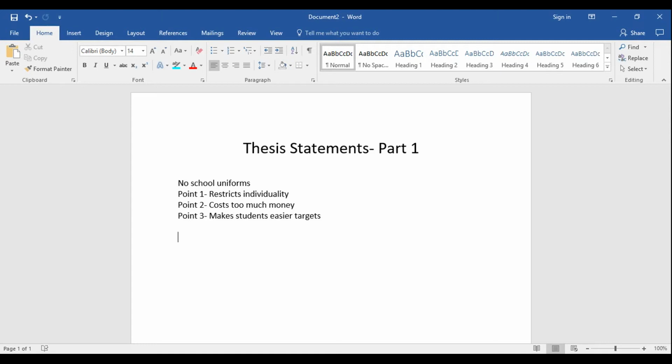So now what we're going to do is take these points and put them into a sentence, the thesis statement.